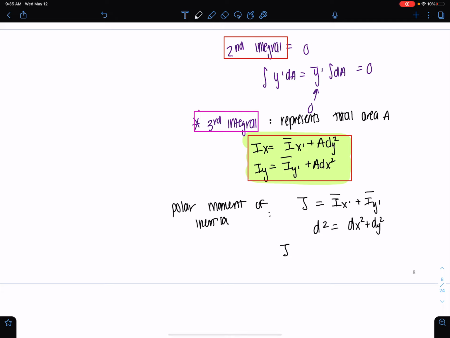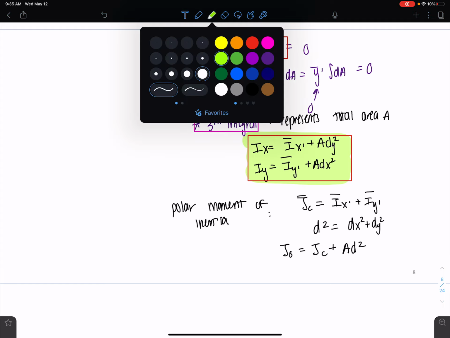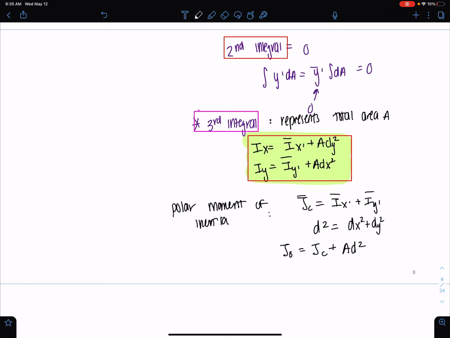So we can simplify this as J about any axis is equal to J about the centroid, plus A d squared.